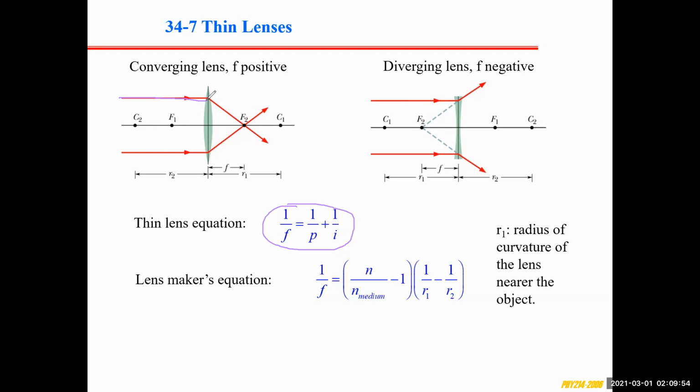It's going to be refracted toward the central axis. Then another parallel light ray also gets bent, and you can see that they converge at this point. This is the real focal point, because real light rays converge at this point.